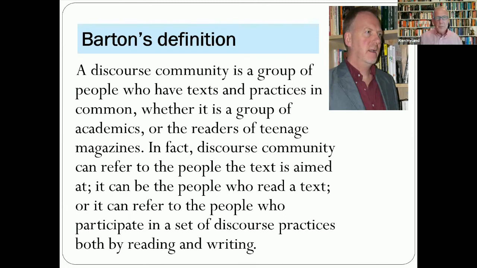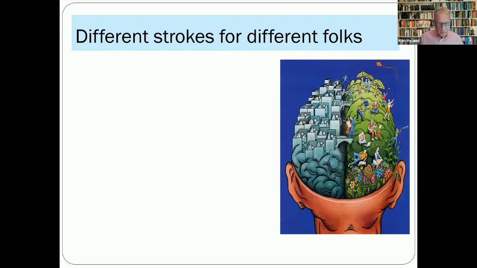So there are problems with the idea of discourse community, but it helps to show us something about how writing works in different disciplines and workplaces. It tells us, for example, that needs analysis is important, that we can't rely on our intuitions about writing. This is because different disciplines value different types of argument and set different writing tasks.